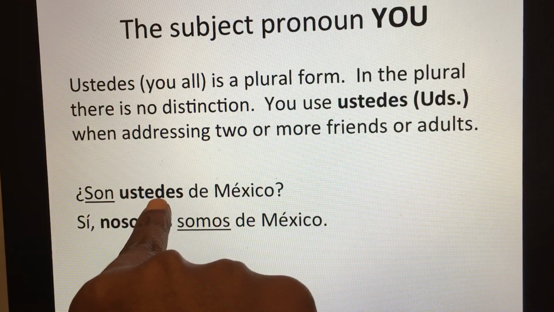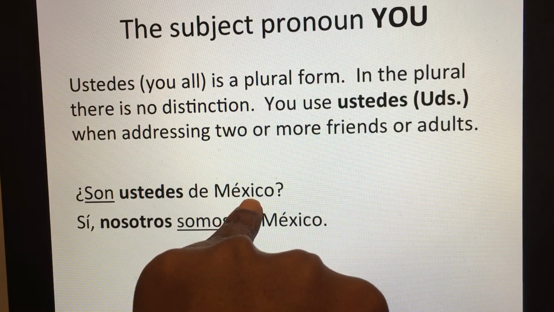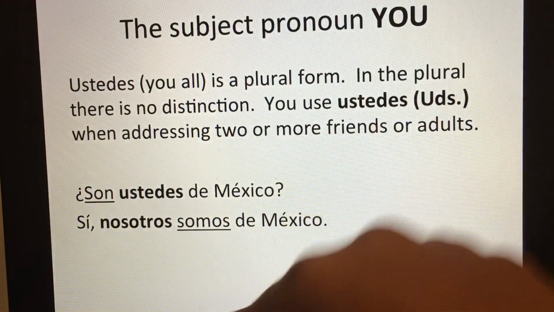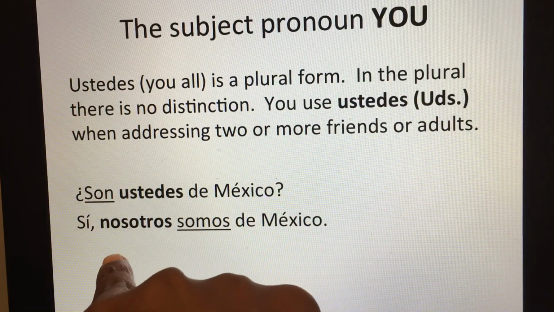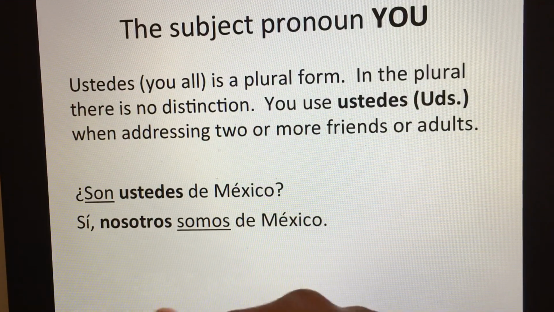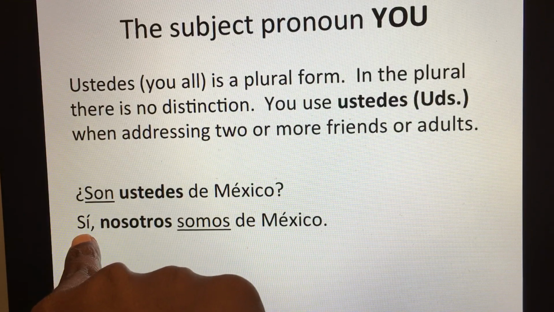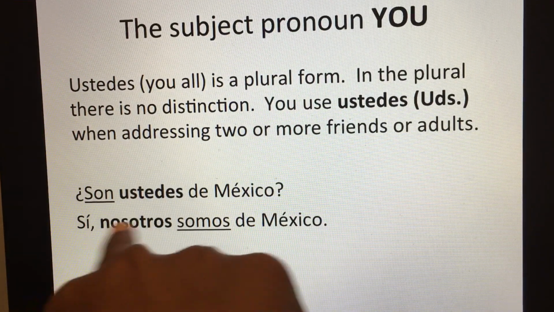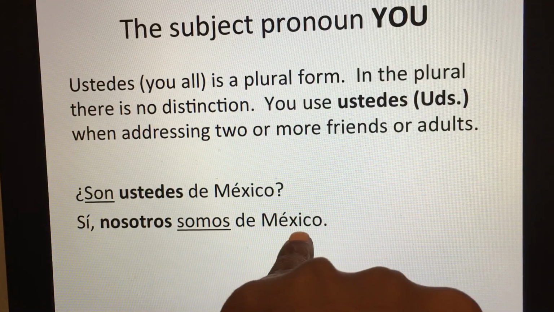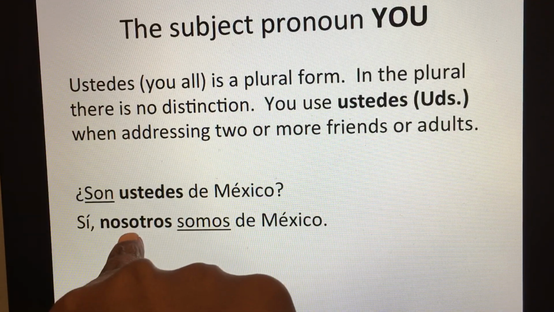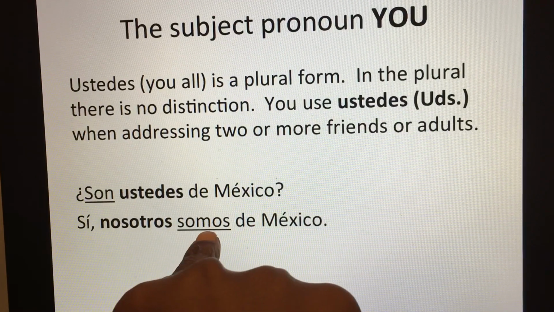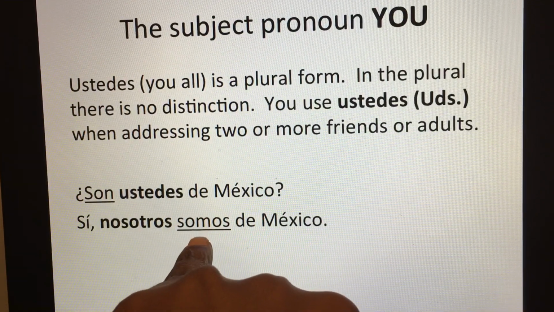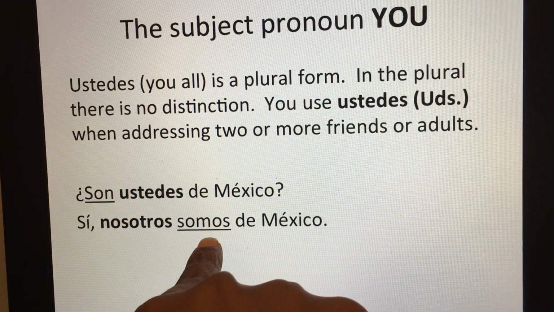Since you are addressing this person and someone else, you have to respond back with we, because you're answering for the group. Yes, sí, nosotros somos de Mexico. Yes, we are from Mexico. I could say nosotros somos, or I could just simply say somos. Somos means we are.